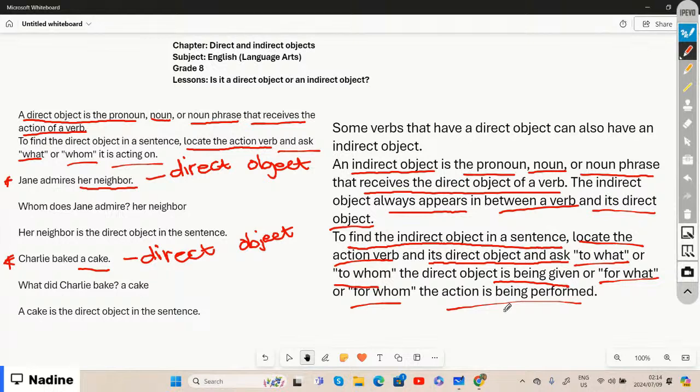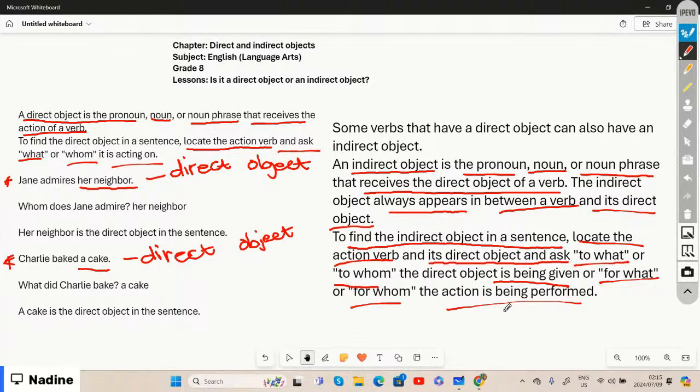So the indirect object receives the direct object of the verb. It appears between the verb and the direct object. And in order for us to find the indirect object, we need to locate the action verb and we need to locate the direct object.